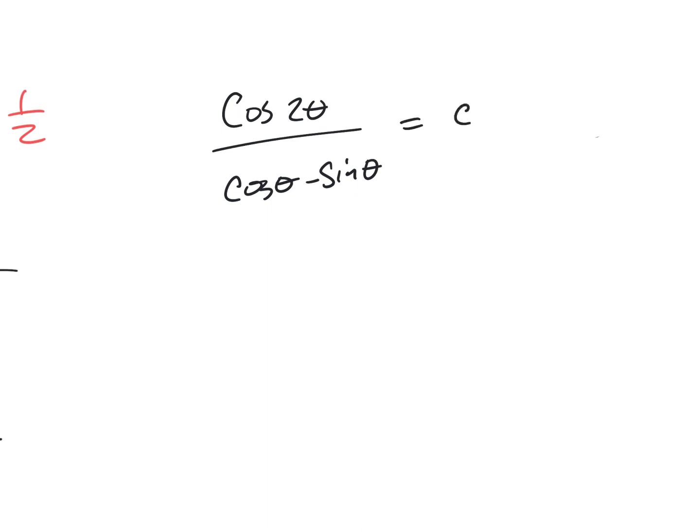So I'm going to give you one like that now. Everybody try to prove that cosine of 2 theta over cosine theta minus sine theta will be equal to cosine theta plus sine theta. Prove it.